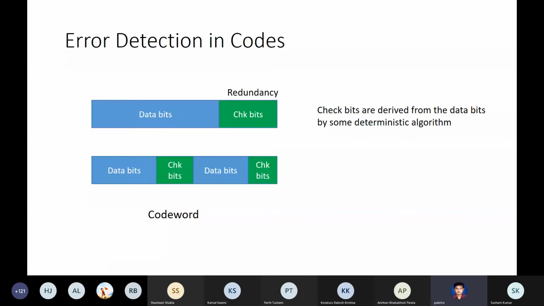Once you receive or read the data bits, you compute the check bits by looking at the data bits, and you append these check bits to the data bits. The data bits plus check bits together form what is called a code word. So the code word is slightly longer than just the data bits originally intended, as it includes the check bits also. Okay, so how do you do error detection using check bits?